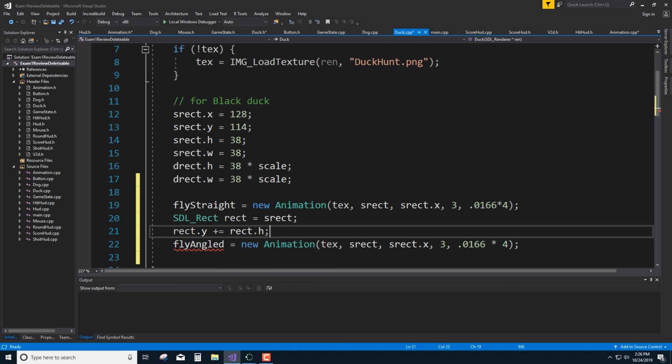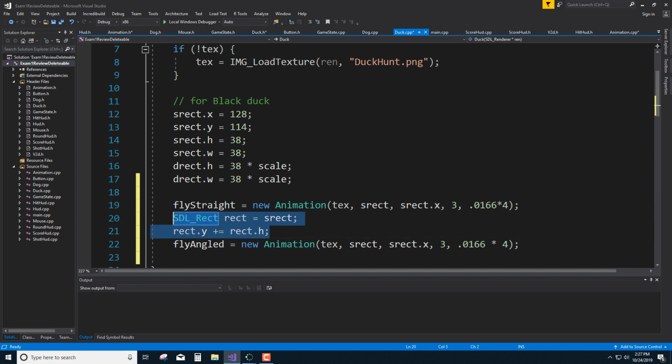rect.height. Can't you use the same rectangle and just change the values right there and pass them in? Yeah, just alter the value before you pass it in. Yeah, as long as we go back and reset. We're going to go off the animation anyway. So yeah, I think you're right.